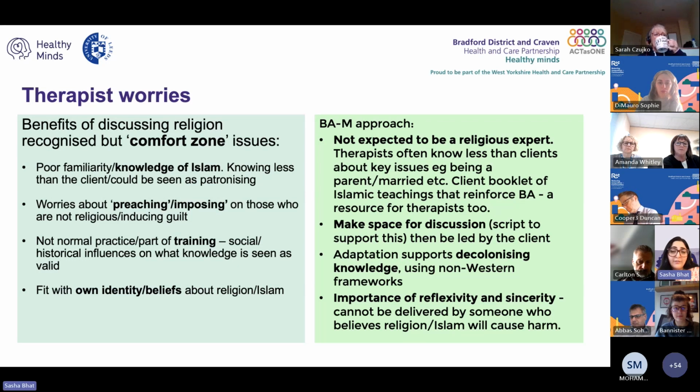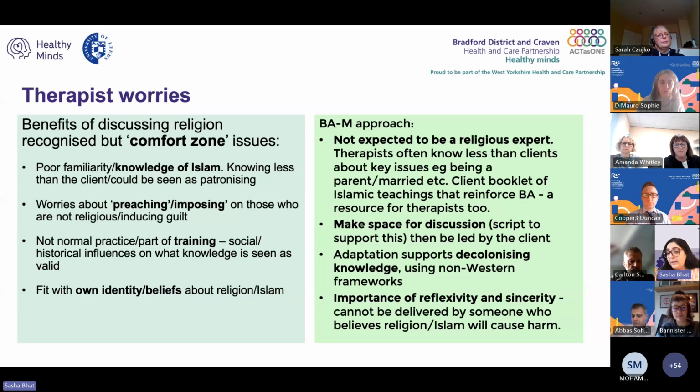to not have to be the religious expert, but to understand and learn through the training and working through the workbook, with sometimes the person who's accessing therapy as the source of knowledge and as the source of learning, really activating what their knowledge, assets and skills are in that space, making that space for that discussion to be led by them.